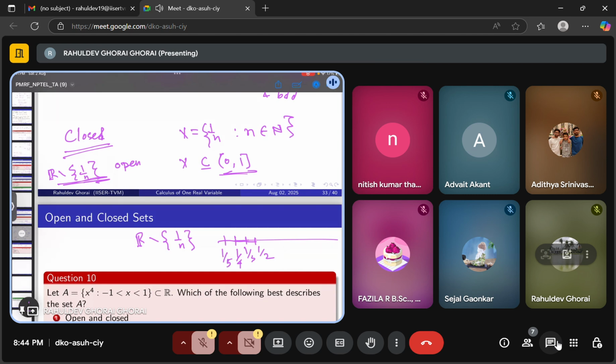These are the numbers you are excluding. So whatever number you take, you find a small neighborhood. Let's say you take a point in between these, and 1 is here. If you have a point here, then you have a neighborhood, no problem. That will belong to R minus 1 by n, right?